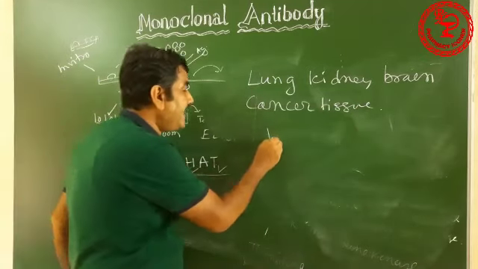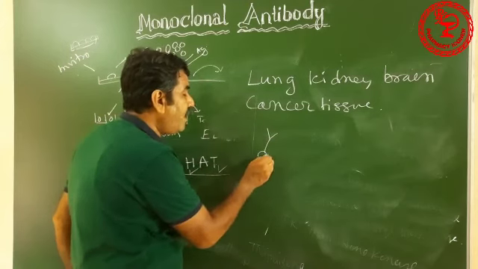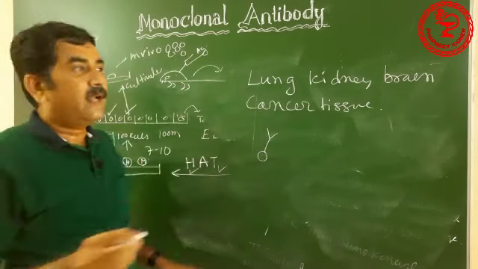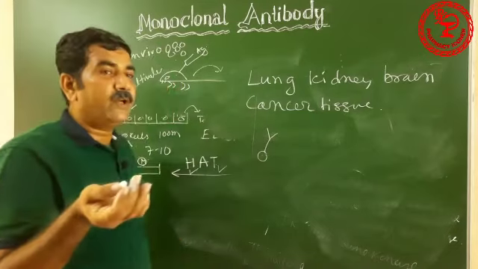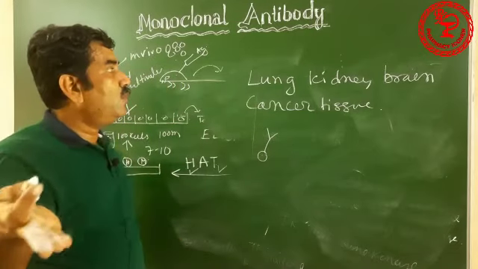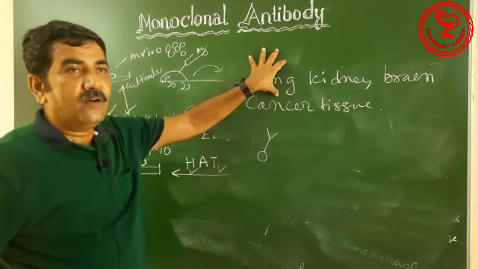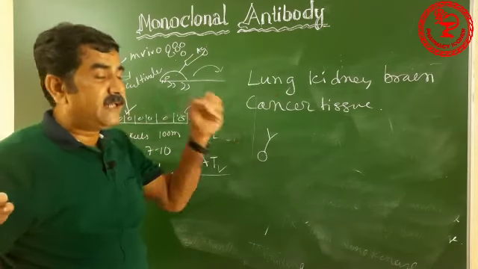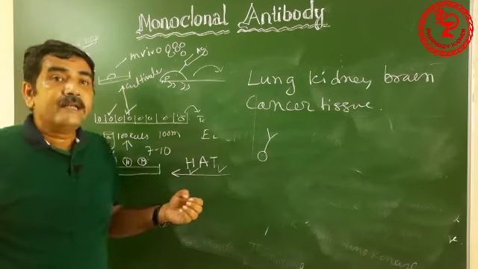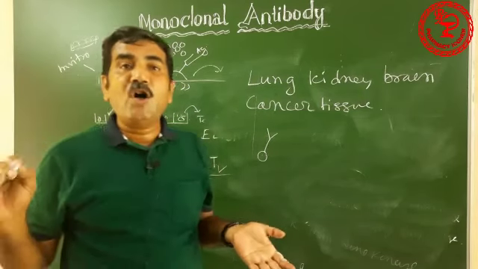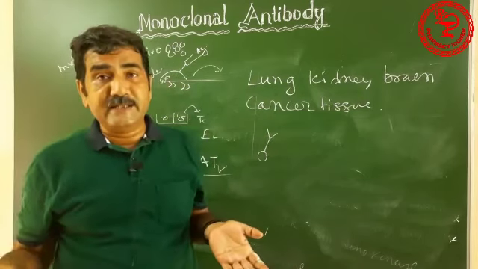So, the antibody is there, the drug you can attach to it and administer into the body, so that it can go and attach itself to the specific organ only, because this is very specific, as I told you. It is sometimes used for the treatment of some specific diseases.